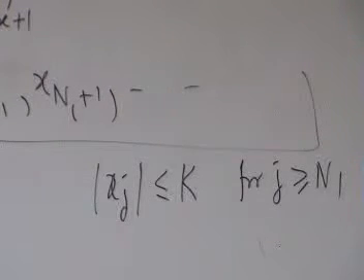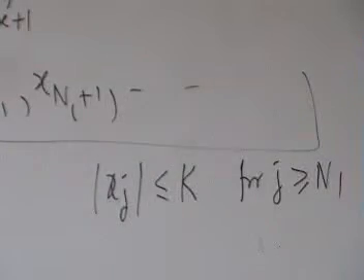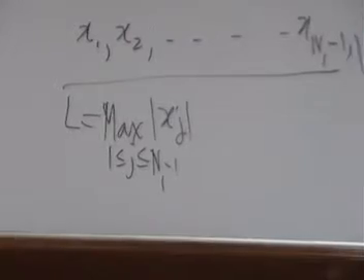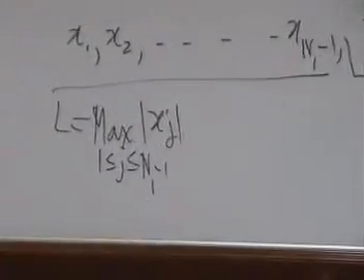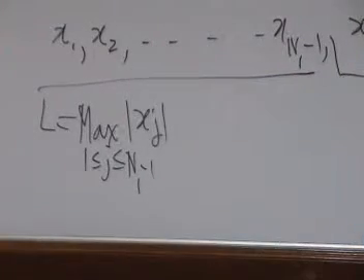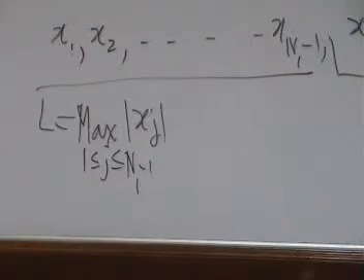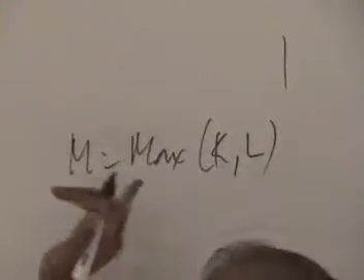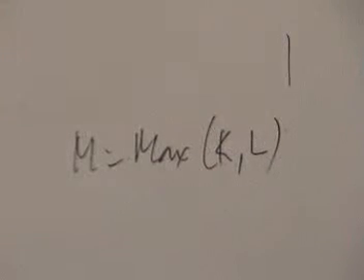Call this L. There are only a finite number of them, so we can talk about the maximum. Now, all these fellows have absolute value less than or equal to k. All these fellows have absolute value less than or equal to L. So if we take M to be the maximum of k and L, all these fellows are less than or equal to M, and all these fellows are also less than or equal to M. Therefore everybody is less than or equal to M.